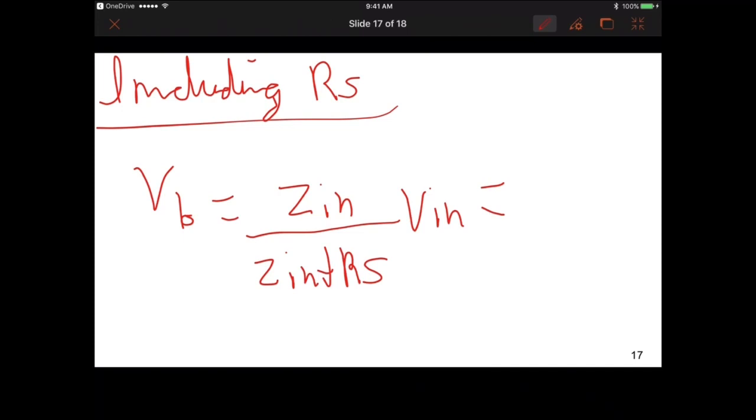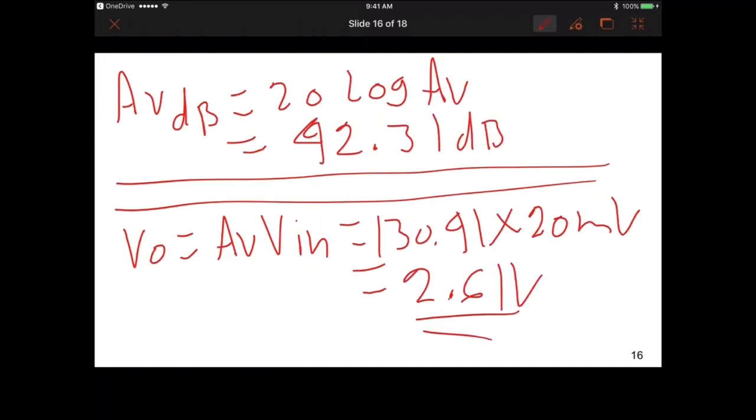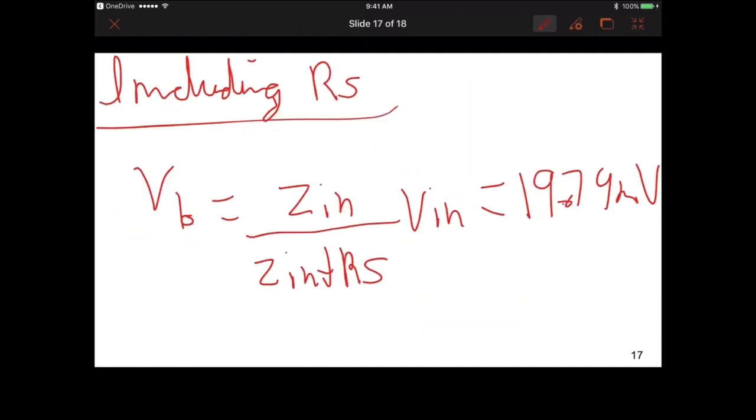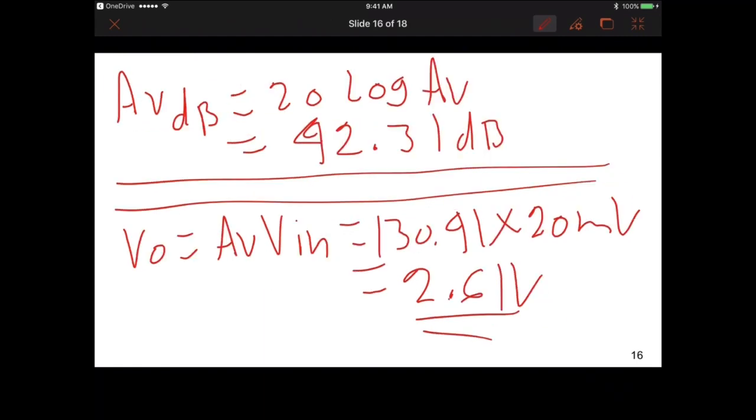Because it's a practical source, we're considering its output impedance. Small voltage loss, so actually at the base we're getting 19.79 millivolts. It's not a big difference versus the 20 millivolts. So the circuit as presented, the actual voltage multiplied by the gain, would be 2.58 volts at the output, versus 2.61. The difference is the small voltage loss across Rs.